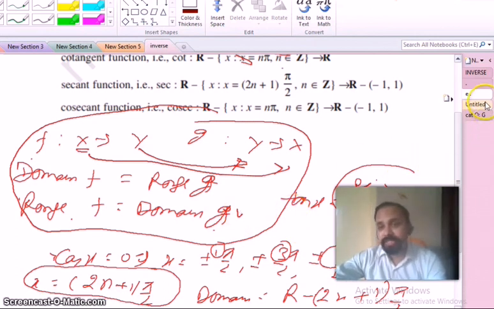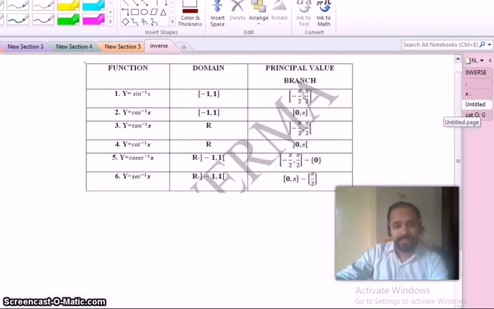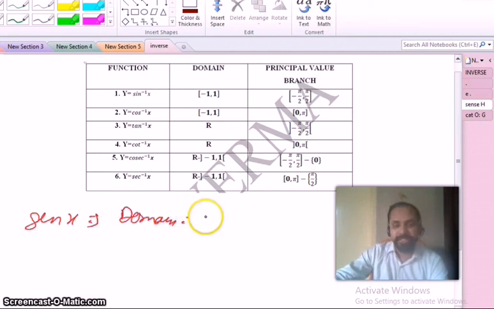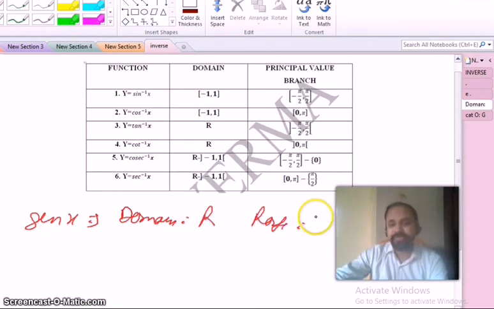How? Let me tell you. Take sine x. Its domain, as I told you, is all real values, and the range is minus 1 to 1.